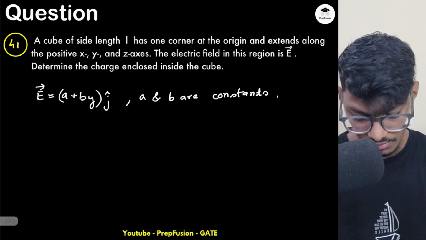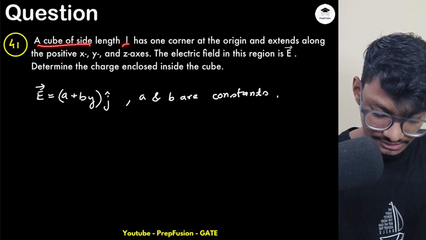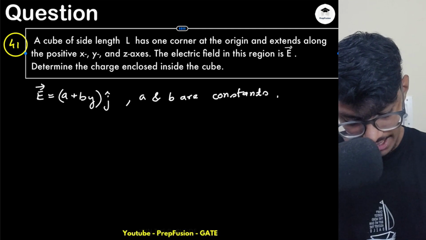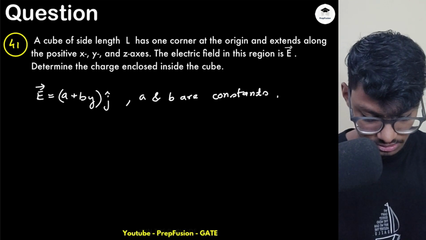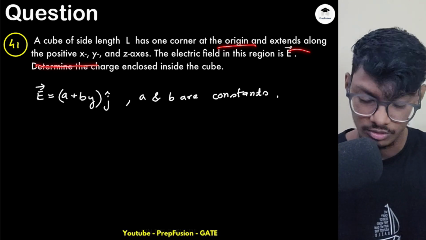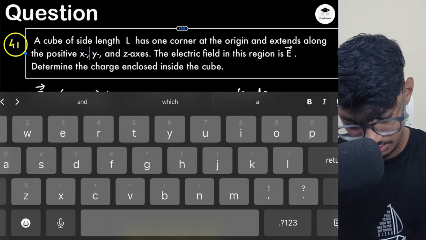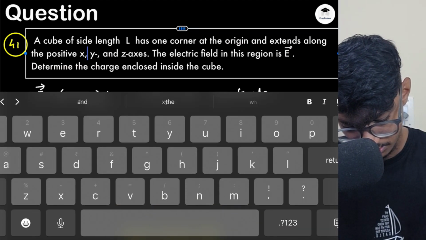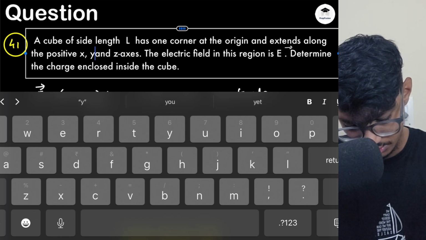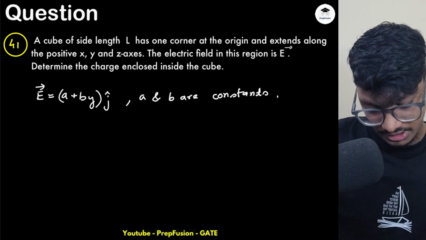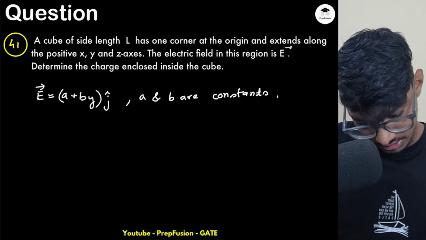Now this is a question: a cube of side length L has one corner at the origin and extends along the positive x, y and z axes.